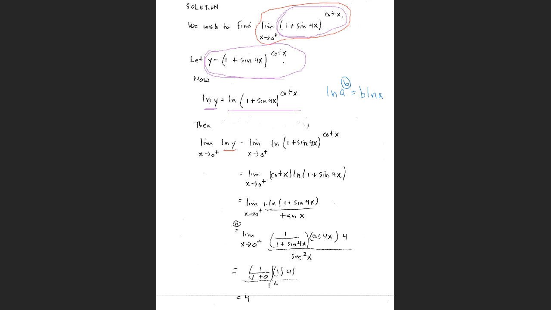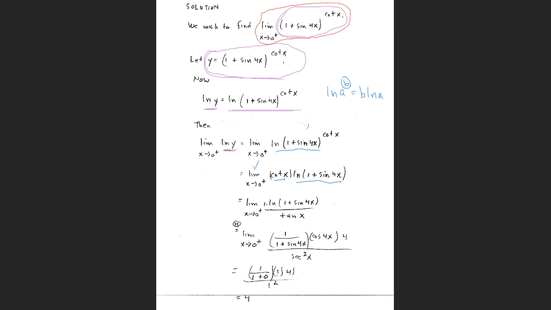So if I study the natural log of y, it equals the cotangent of x times the natural log of 1 plus the sine of 4x. You notice I'm keeping the limit there, because I'm not taking the limit yet.